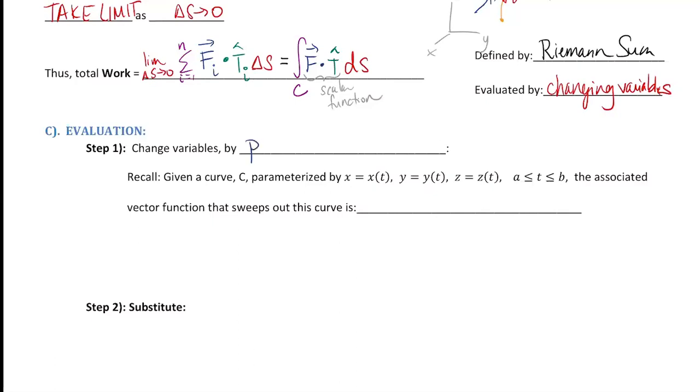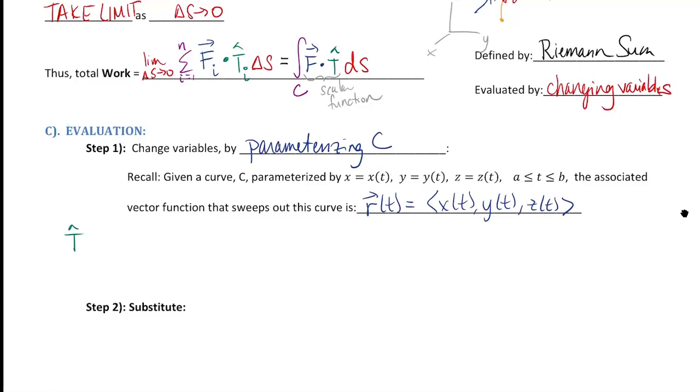And then we'll plug everything in from there. So let's suppose that our parameterization was r of t is x of t, y of t, z of t. Okay, and then recall, I'm going to need all these pieces for my integral up here.